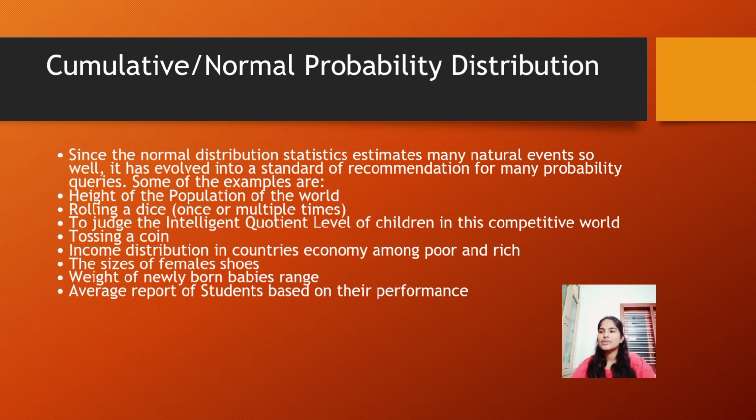Some of the examples are height of the population of the world, rolling a dice once or multiple times, judging the intelligence quotient level of children in the competitive world, tossing a coin, income distribution in countries, economy among poor and rich, the sizes of female shoes, the weight of newborn babies, and the average report of students based on their performances.